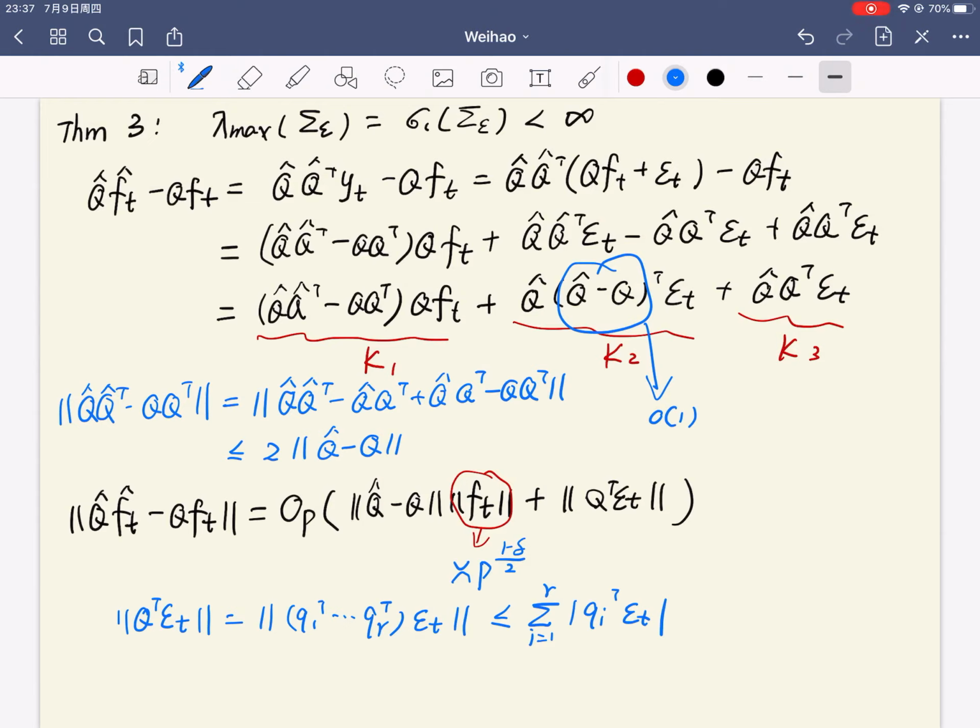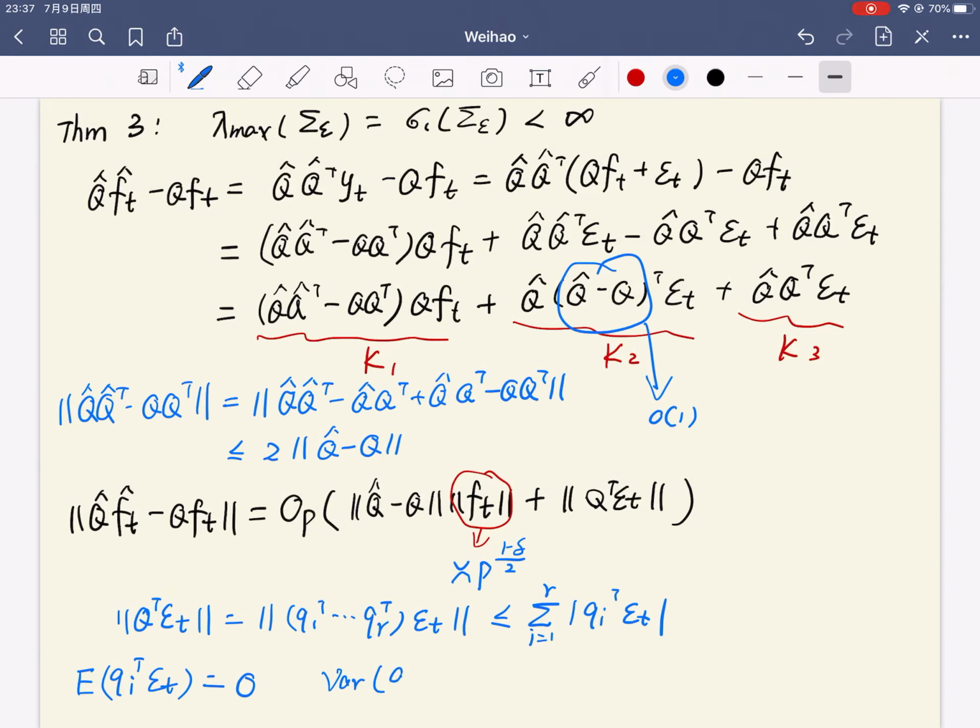By our assumption, the mean of the error is 0. So the mean of the eigenvector transpose the error is also 0.